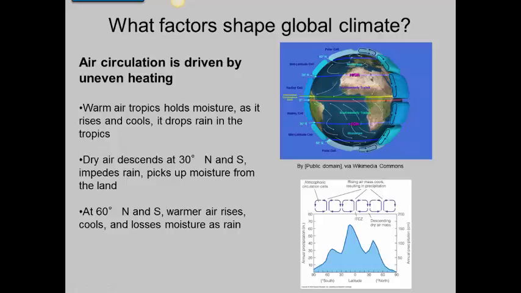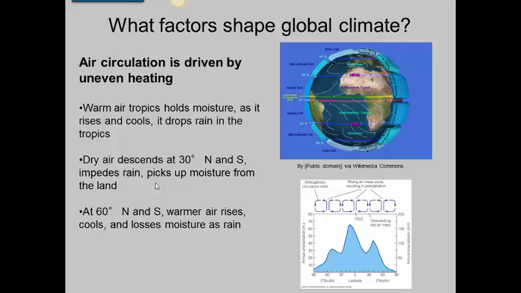So now we have a dry air mass that's just lost its precipitation, and that's going to eventually start to descend because it's cold now and it's more dense. So we have dry air masses descending at 30 degrees north and 30 degrees south latitude.